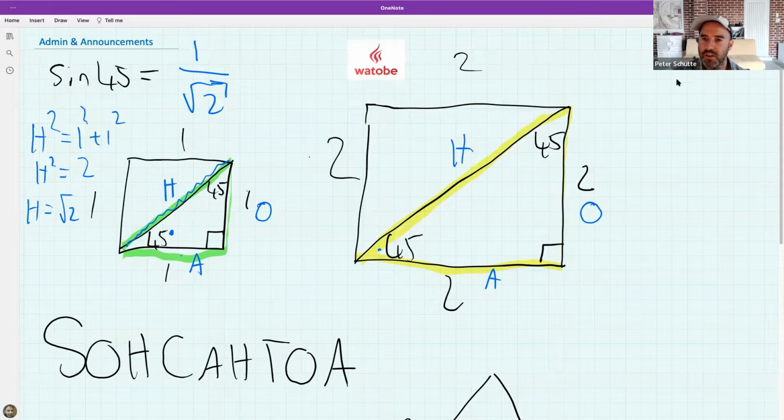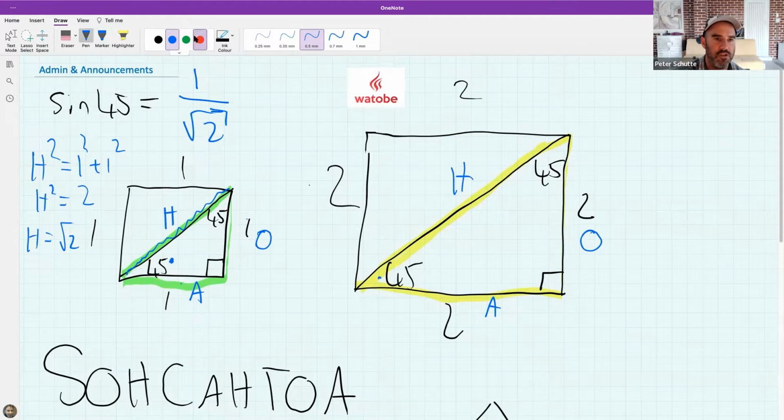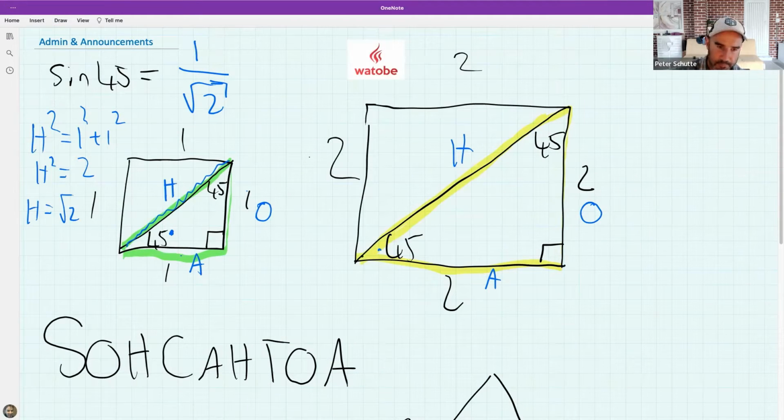Now, what's interesting about this is that this process still works for the other triangle. So let's just pop across to this side over here. Look at this one.